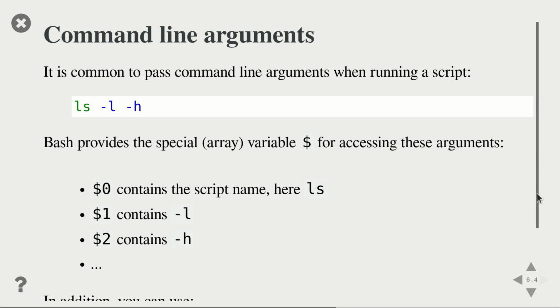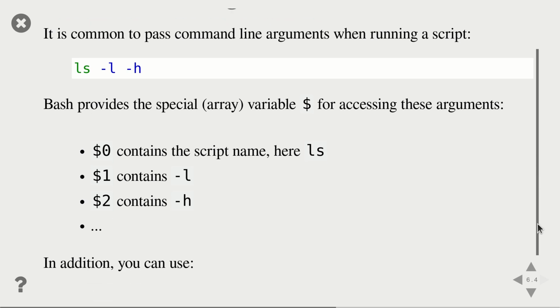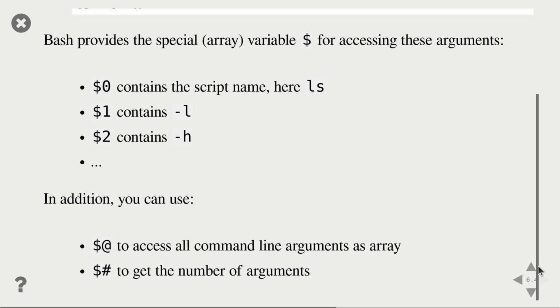The first one, $0, actually contains the name of the script itself. $1 will be the first command line argument, $2 will be the second argument, and so on. And you can also get the list of all command line arguments as an array by $@ or $# to get the number of arguments. So that syntax was quite similar to the arrays that I showed at the beginning, just for the command line arguments.